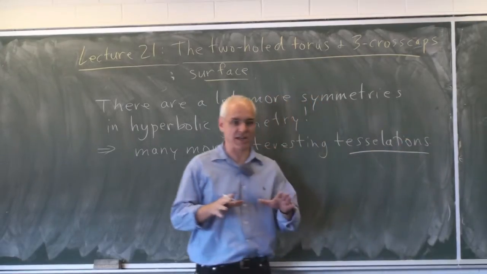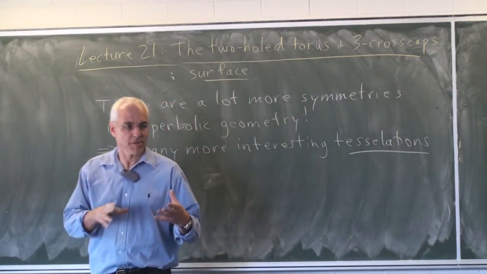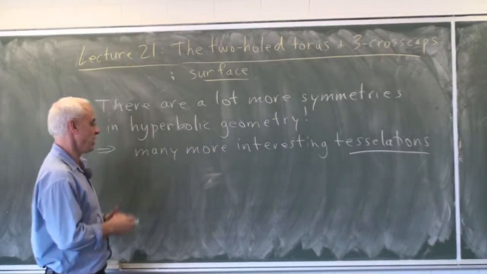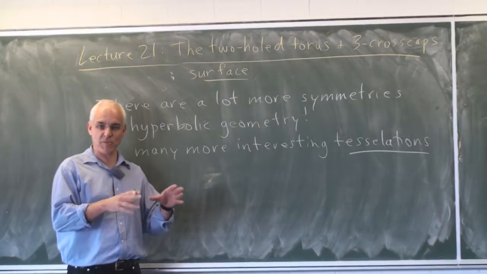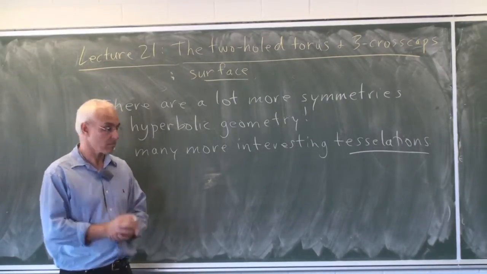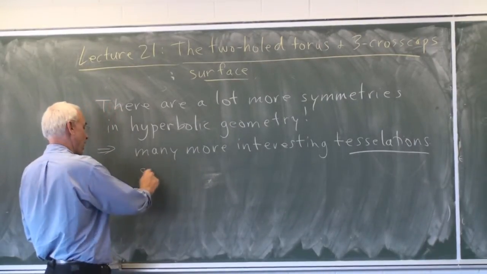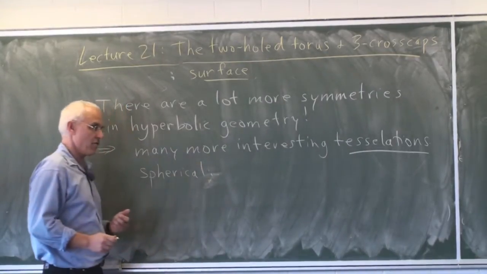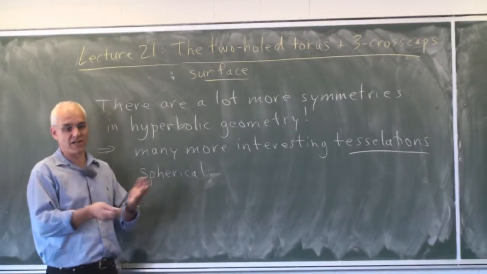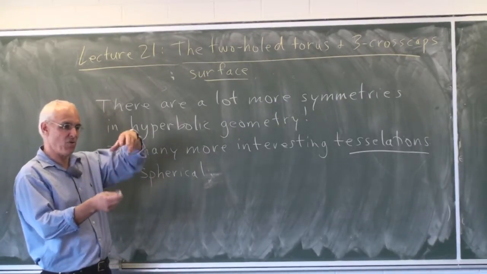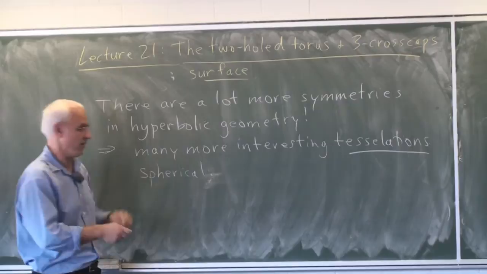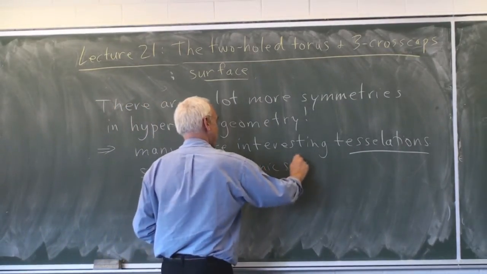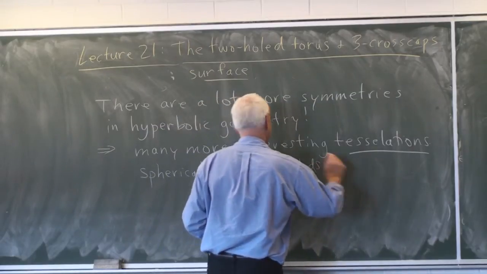So a tessellation is a covering of the plane with the same polygon repeated. And usually we're interested in regular tessellations where the polygons are reasonably regular. And we know that in the spherical case, the regular tessellations are essentially the Platonic solids, plus a few more.